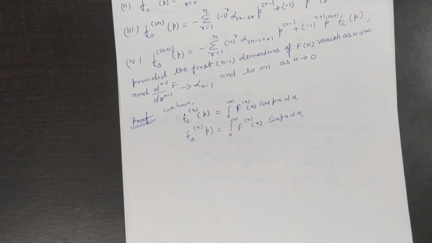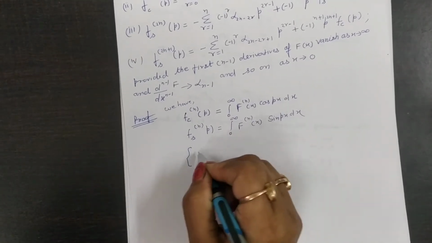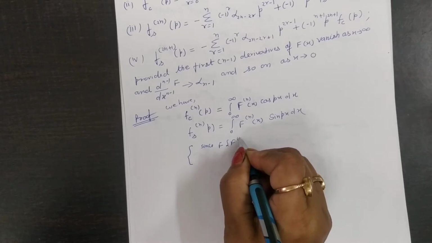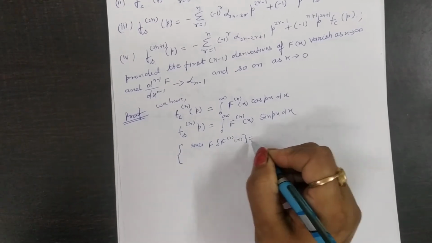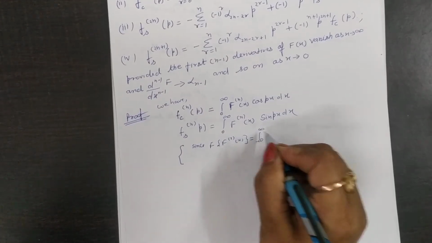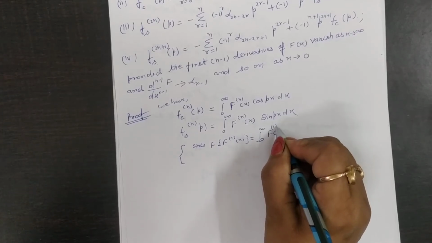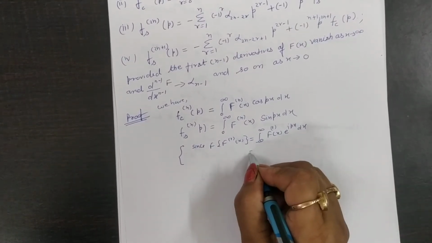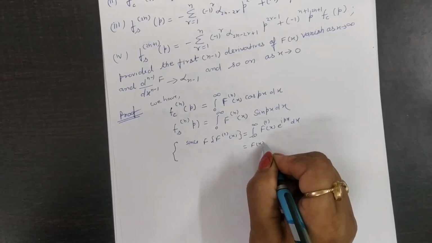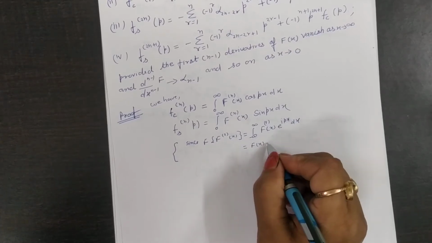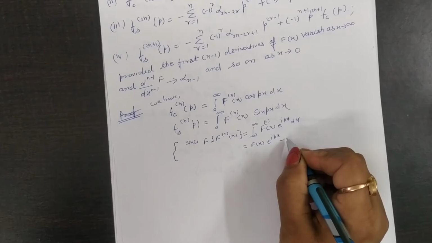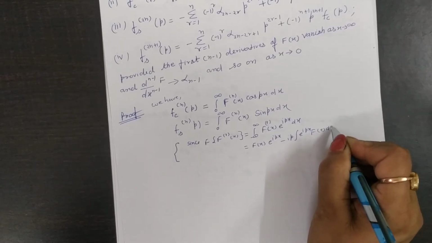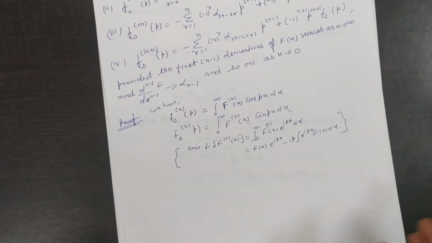Now, since we know this property, the transform of the first derivative of f(x) is equal to the integral from minus infinity to infinity of f'(x) e^{ipx} dx. Now integrating by parts, you get f(x) e^{ipx} minus ip times the integral of e^{ipx} f(x) dx.